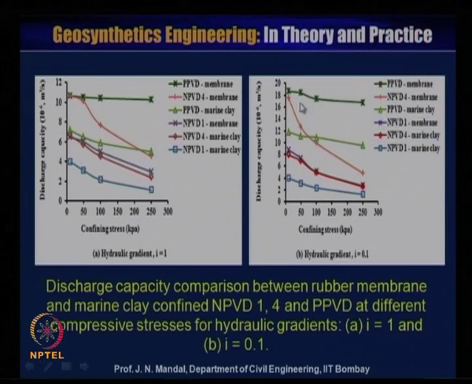Here also almost similar nature of the curve. But in case of natural prefabricated vertical drain with the marine clay, you can see that discharge capacity is decreasing with increasing confining pressure here also. For all other cases, it gives a similar nature.